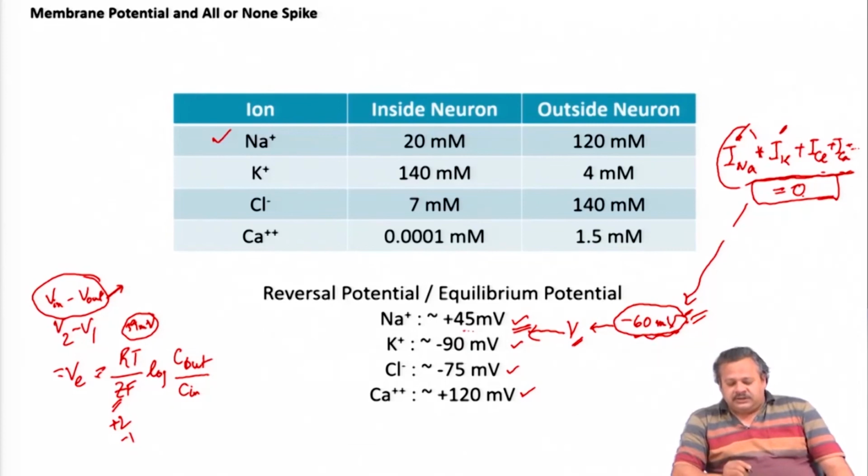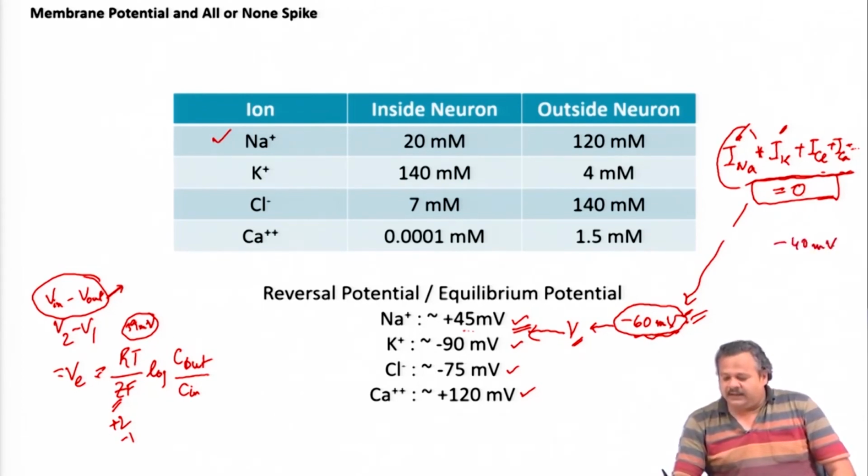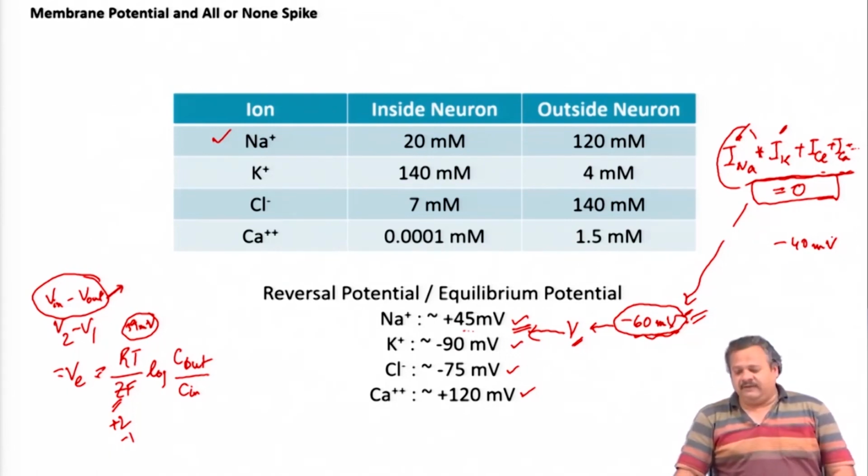Just to recap, we have been saying that the membrane potential is pulled towards the equilibrium potential. So, let us say the membrane potential is minus 40 millivolts, and at that time there is sufficient sodium conductance available.